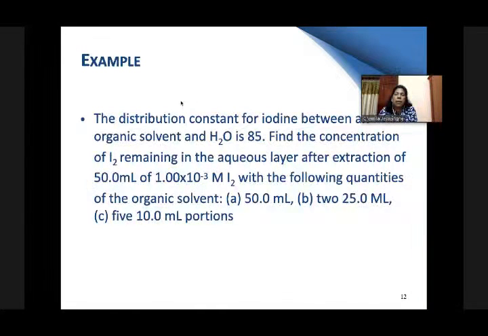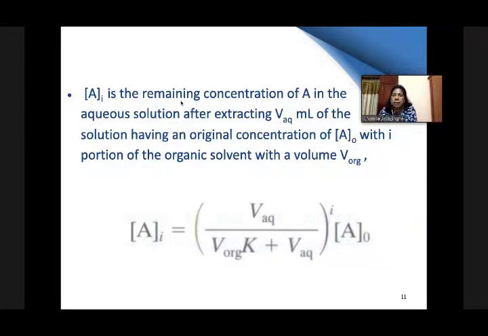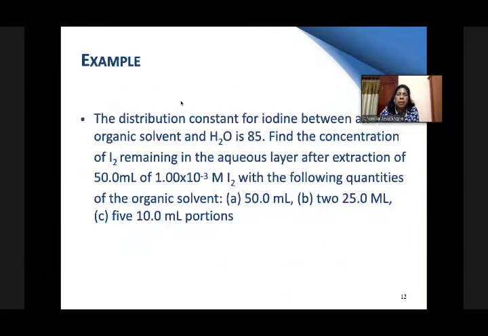Then what is the iodine concentration? The original concentration of iodine is AO. So what is the original concentration? AO equal 1 into 10 to the power minus 3 molar is the original concentration.